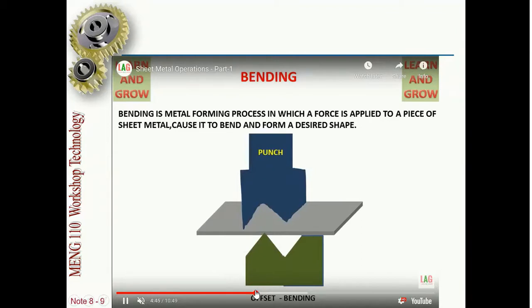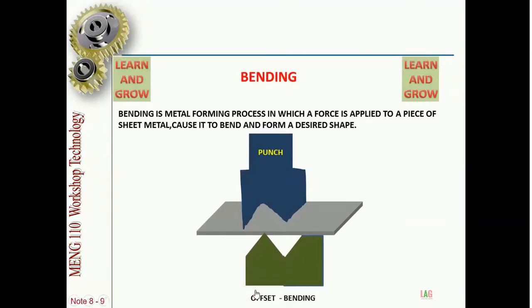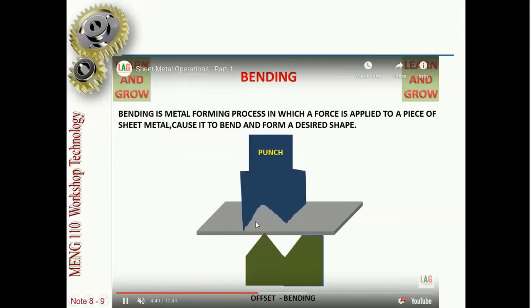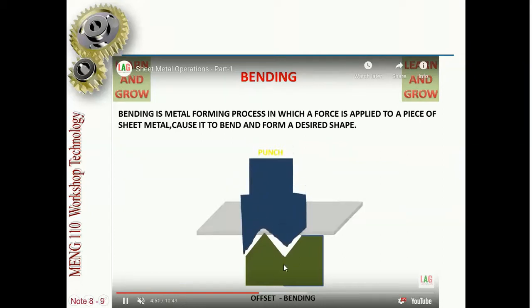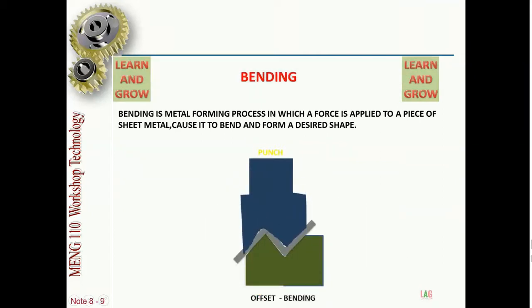We can also have different shapes. So based on the shape required, we can make the die and punch of that shape, and we'll get the output of that shape. See the output.